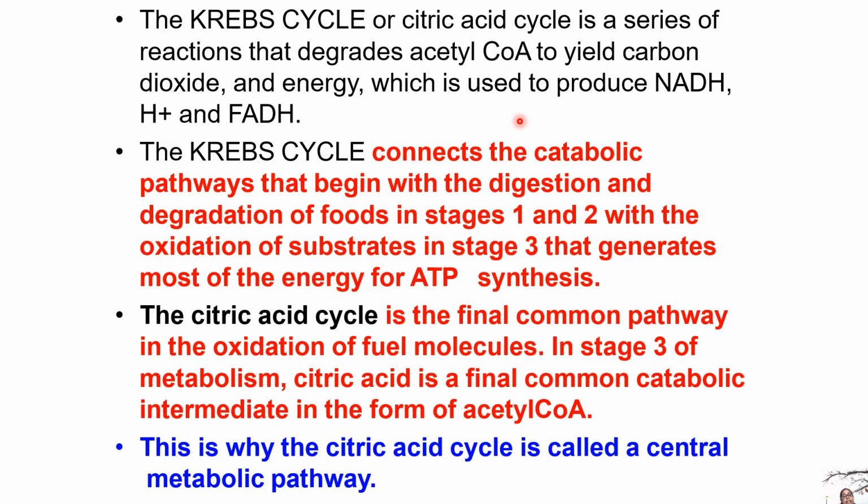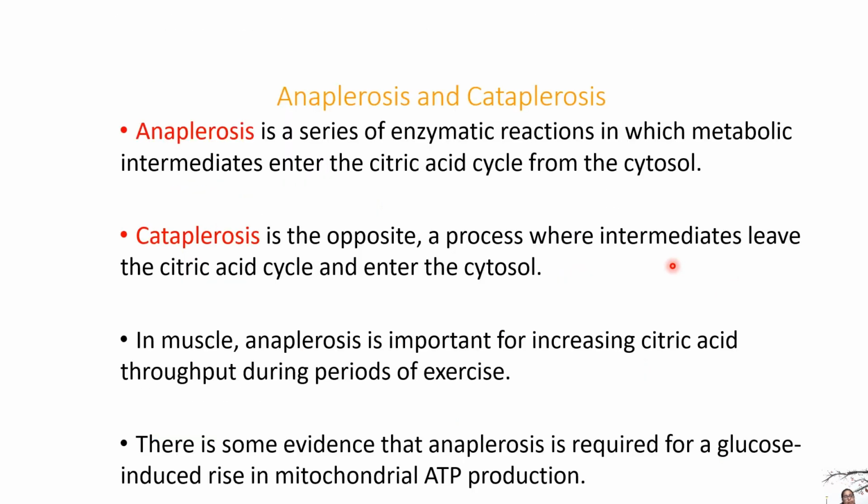Now the Krebs cycle connects the catabolic pathways that begin with the digestion and degradation of foods in stages 1 and 2 with the oxidation of substrates in stage 3. This generates most of the energy for ATP synthesis. The citric acid cycle is the final common pathway in the oxidation of fuel molecules. In stage 3 of metabolism, the citric acid cycle is the final common catabolic pathway for acetyl-CoA. This is why the citric acid cycle is called a central metabolic pathway.